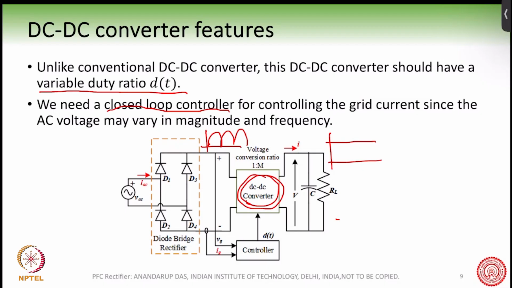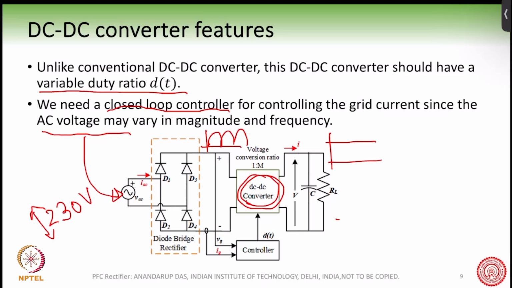Now, you must remember that the AC voltage which comes from the grid, do not expect that it is always fixed at a particular value. In many places, suppose we have a weak grid. Even if the nominal voltage is 230 volt AC, this voltage can go up or down.